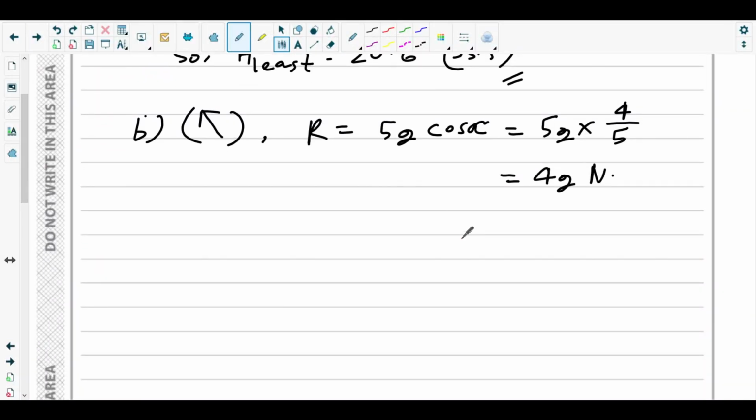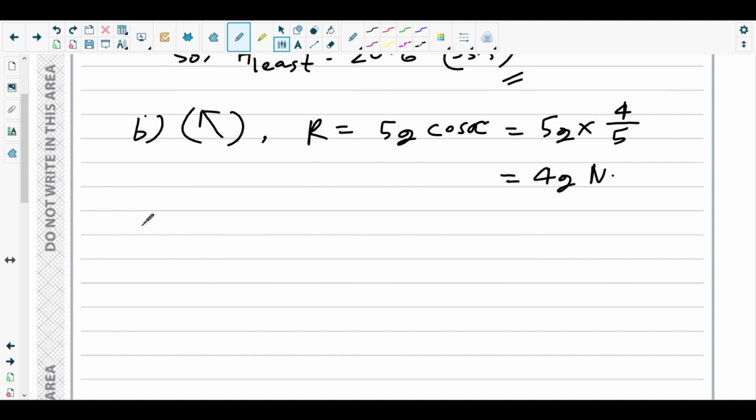Now we need to find the friction. Will it be maximum or anything other than that? Definitely it will be maximum because the particle is in motion. Friction force is maximum when a particle is in motion and when it is in limiting equilibrium.